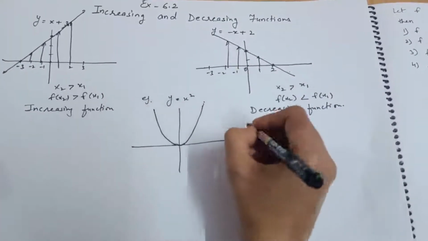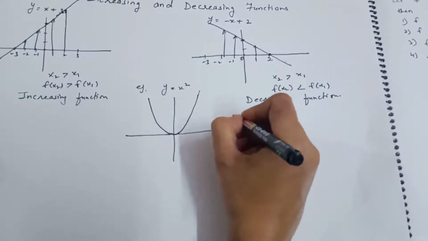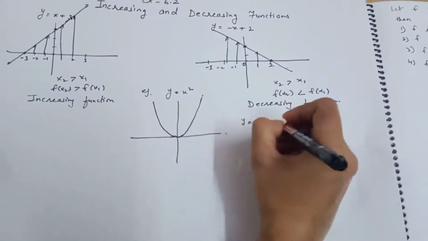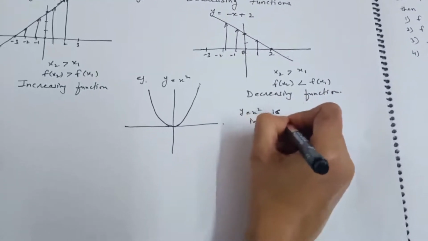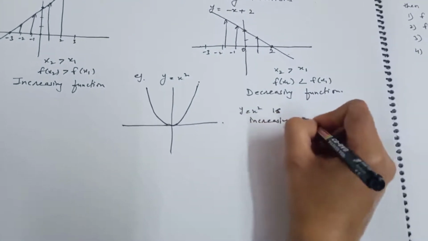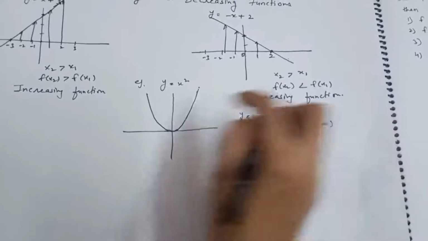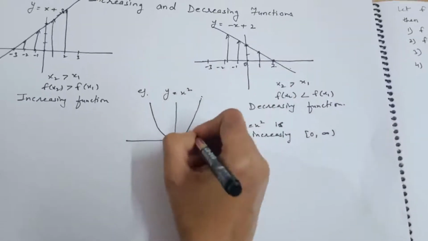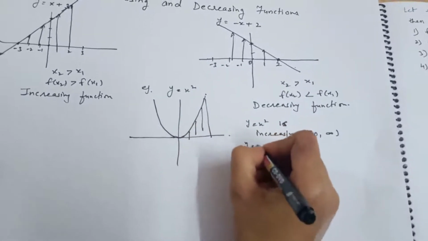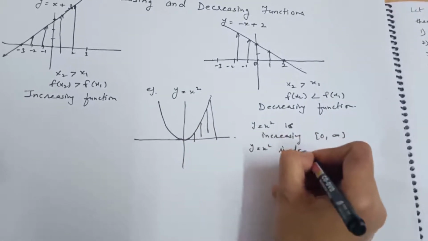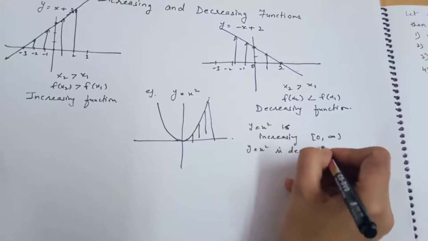You will say that this function, y equals x square, is increasing in the interval 0 to infinity, correct? In 0 to infinity the value is increasing. But y equals x square is decreasing in which interval?